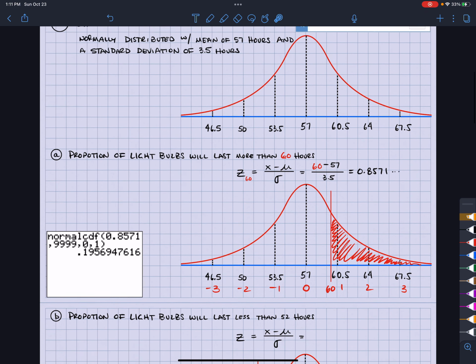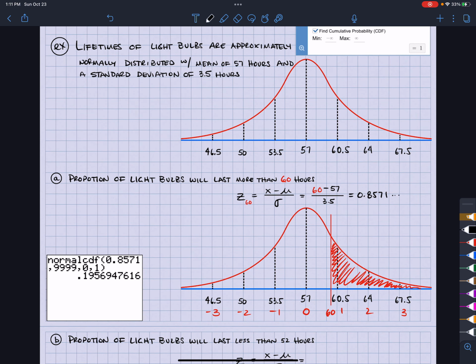So again, for the normal CDF, it's going to ask for your minimum, your maximum, and then 0, 1, which is your mean and standard deviation.